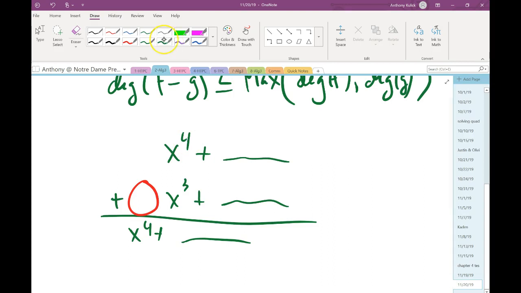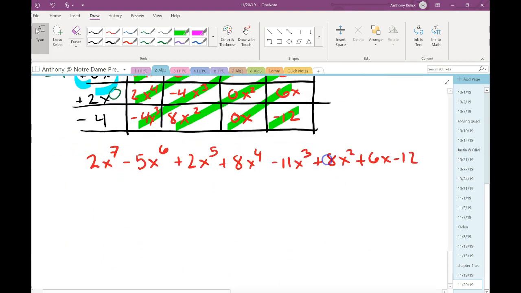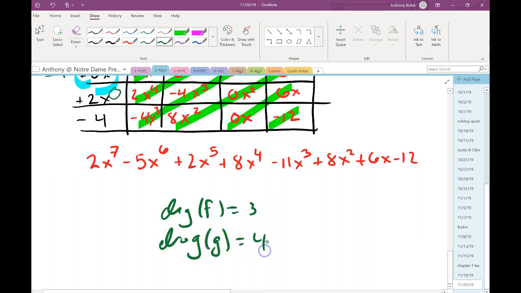Okay. Let's go down and look at the multiplication here. Again, we saw that the degree of f was 3. The degree of g was 4. And what is our degree for f times g that we just wrote above?